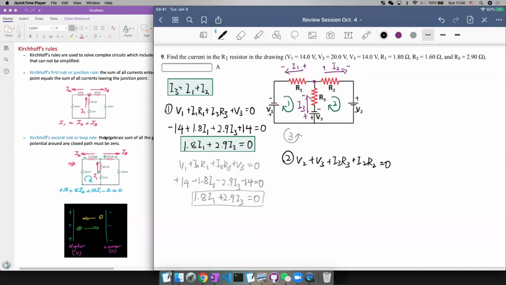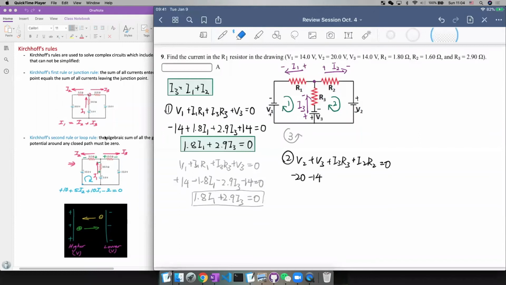It is everything: V2, V3, R3, R2. So let's check our V2. It's a loss. Let's check V3. Loss. Let's check R3.